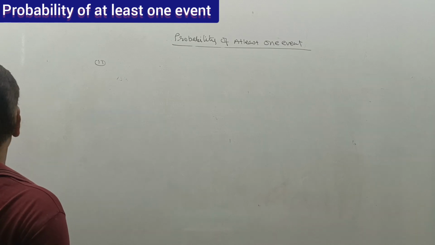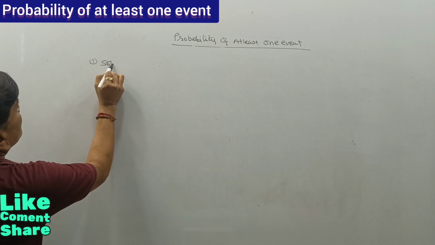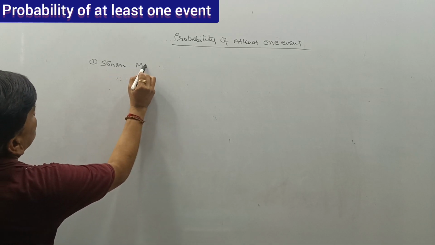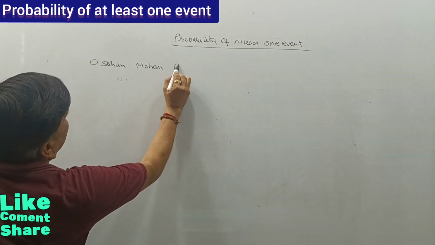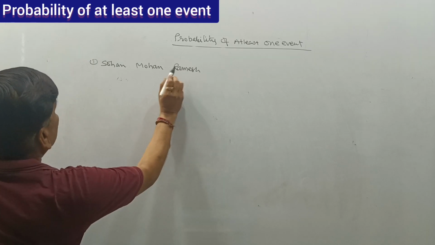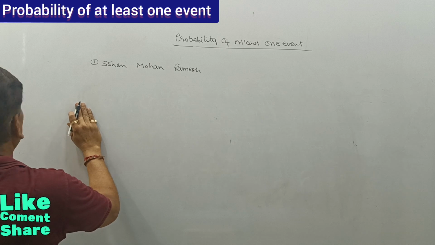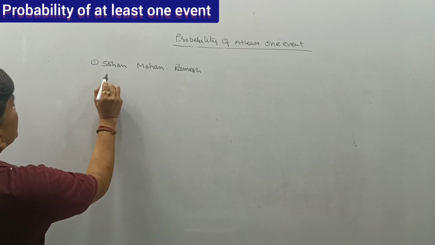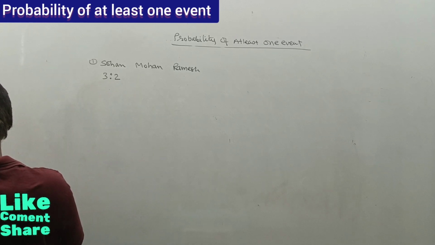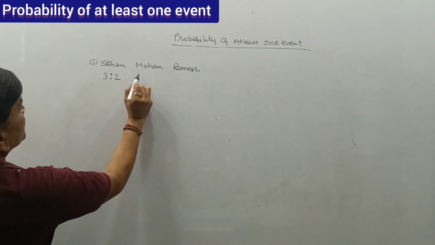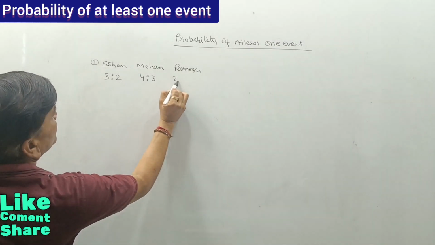A question of statistics is given to three persons, Sohan, Mohan and Ramesh. The odds in favor of Sohan solving the problem are 3:2, in favor of Mohan are 4:3, and in favor of Ramesh are 2:1.